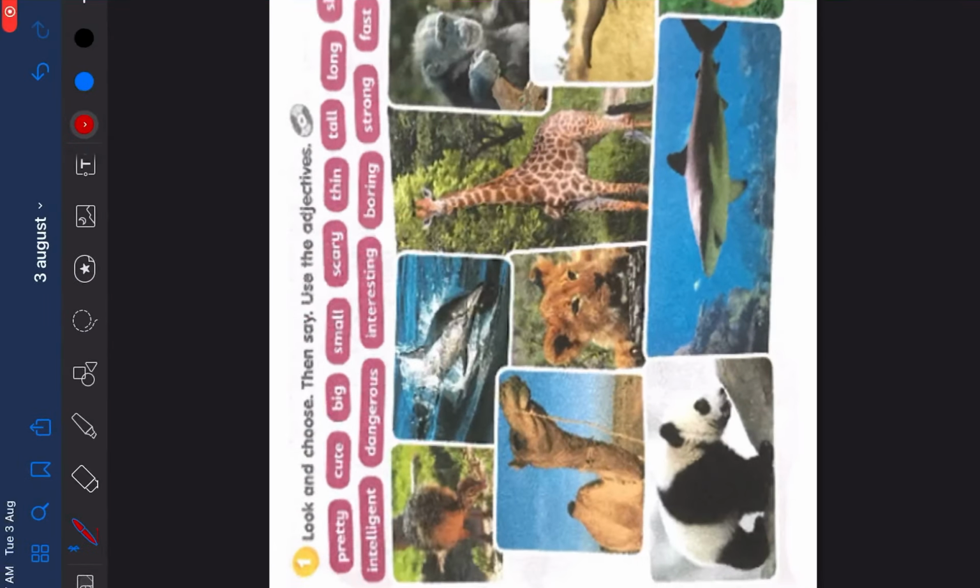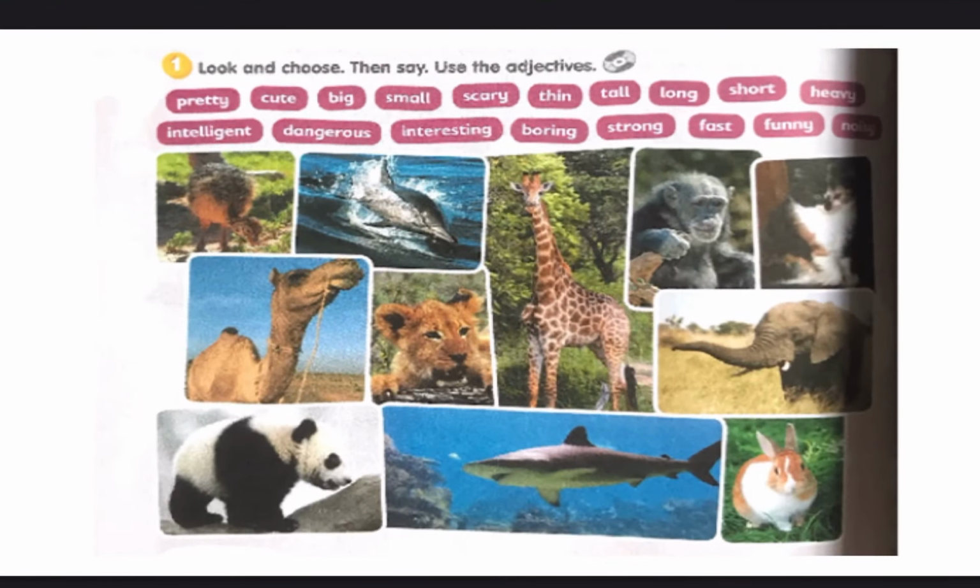Okay, so now you can refer in your textbook, page 86. Let's go one by one on how to change the word. All of these are adjectives that you can use for the next activity. So now let's change it together.